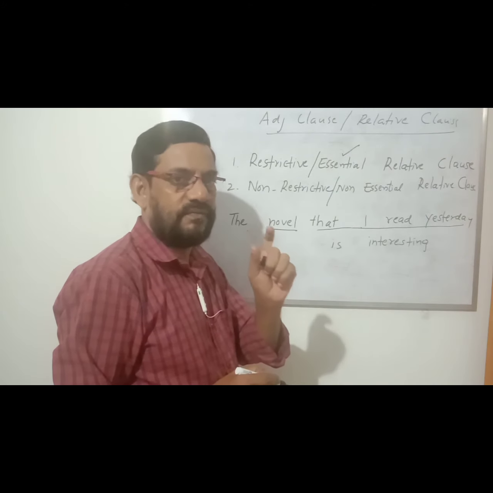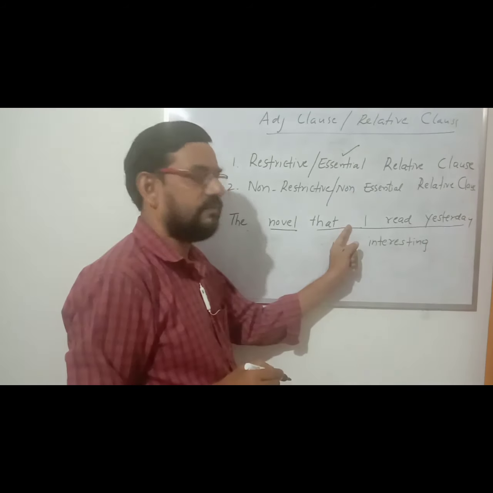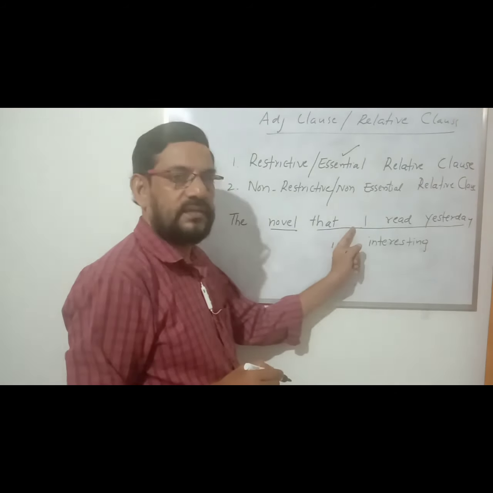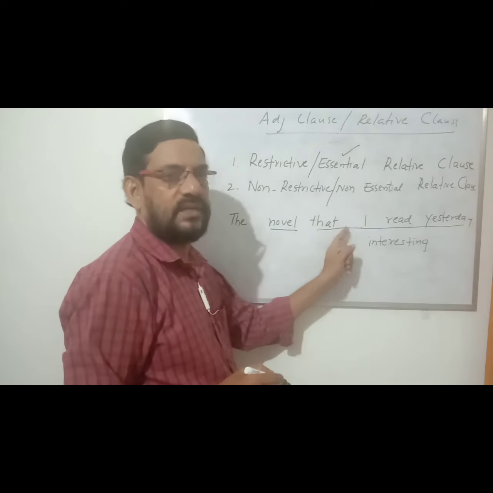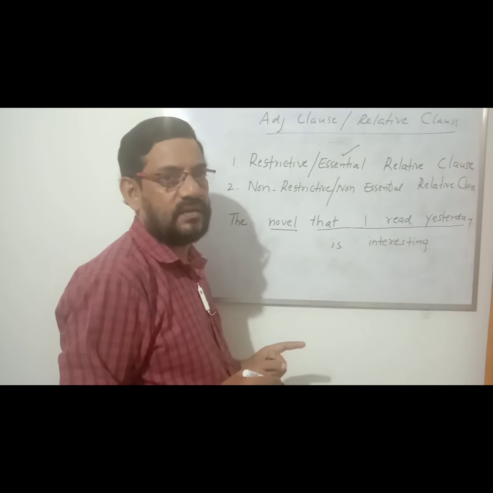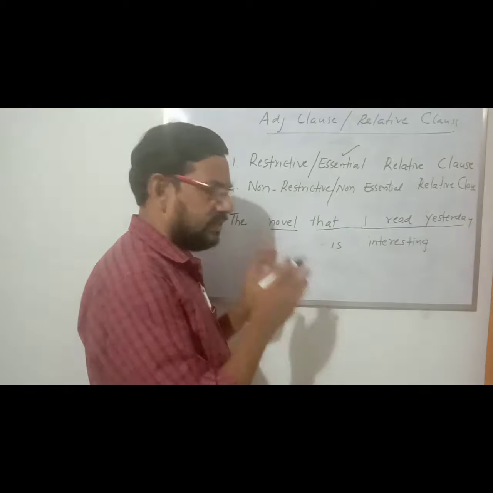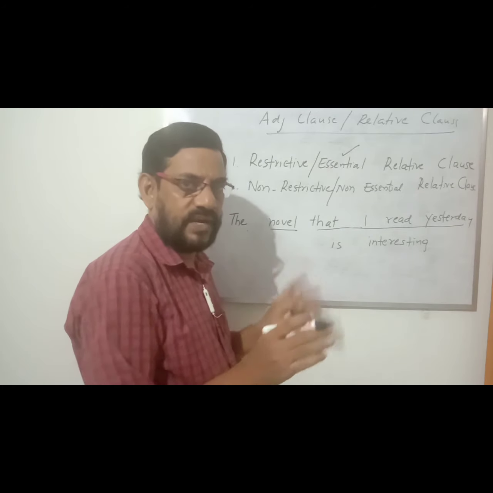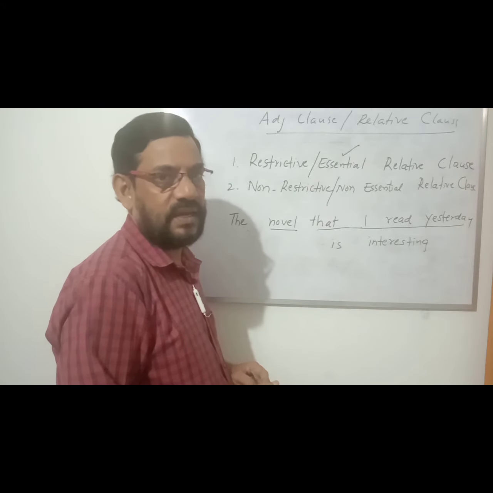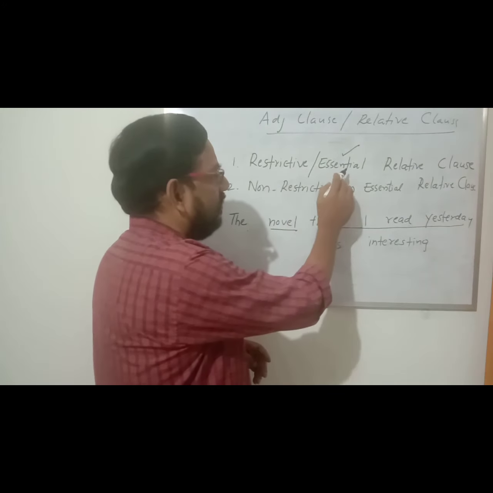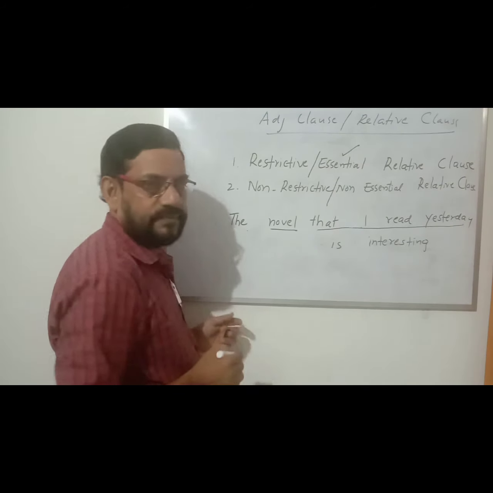Complete sense will be missing if we remove this adjective clause. That is why this adjective clause is essential in this sentence. Necessary, essential, and it is restrictive. We cannot take it away. It must be there as inbuilt. Okay? So, restrictive or essential relative clause. That is the first type.